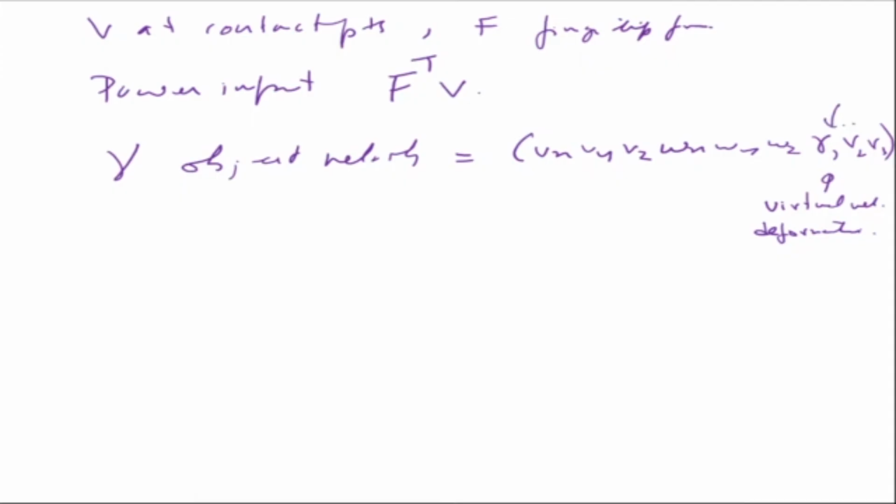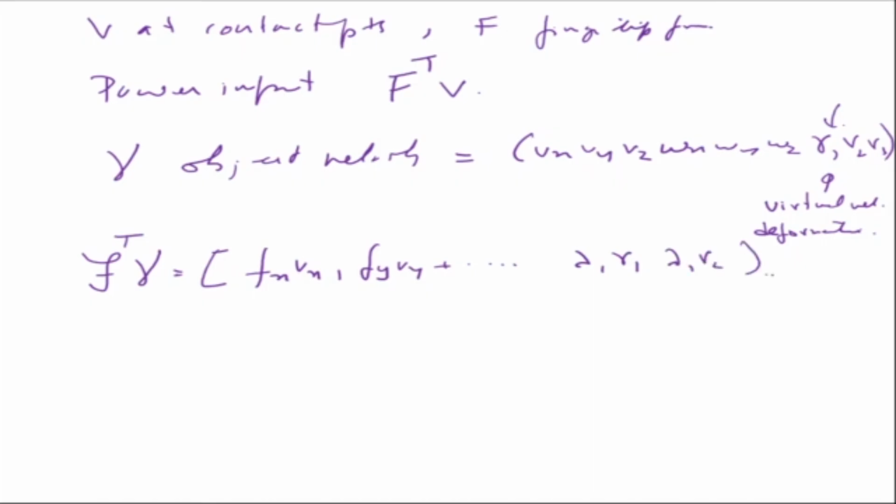Now in terms of the power at the center of the body, this is F into gamma. So this is equal to Fx Vx, Fy Vy, like this, lambda 1 gamma 1, lambda 2 gamma 2, in this way. Okay. So power input is f transpose into V at the fingertip, and this is the power at the object. So these are the fingertip and these are the object, and they have to be equal, right?